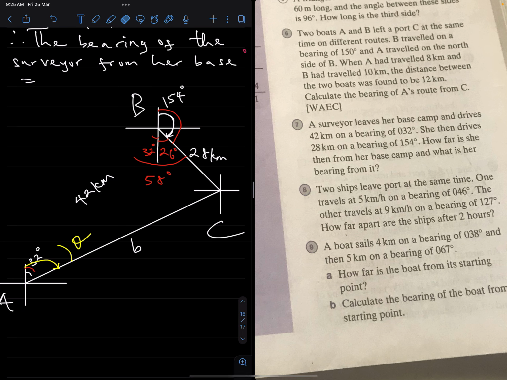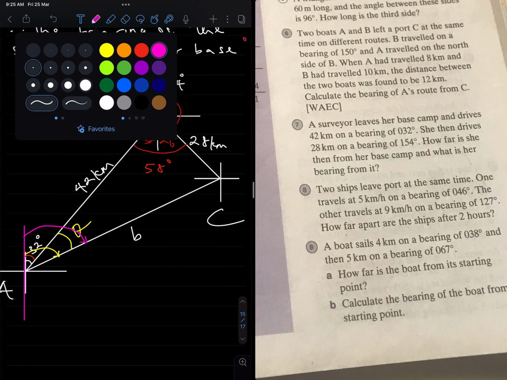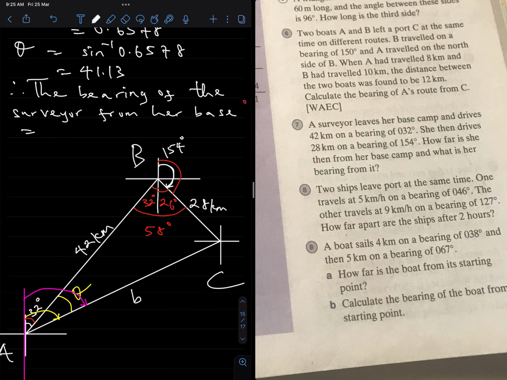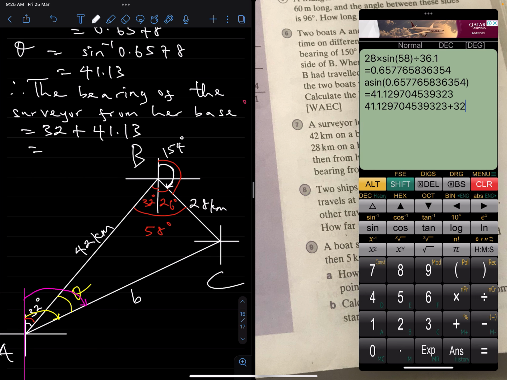The whole of this. The angle from the North at our base camp, which is A, to the line that joins our base camp to our final position. And that's it. So that's equal to 32 plus theta. Theta is 41.13, plus 32.